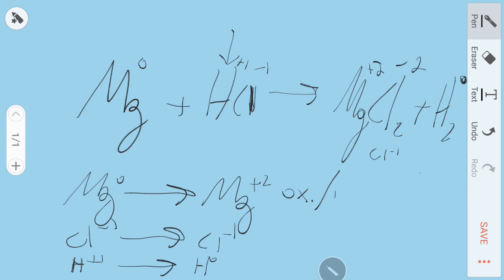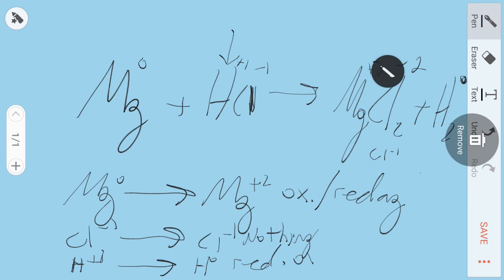Automatically, I can tell you that it's the reducing agent. Chlorine, nothing happened to it. And finally, hydrogen. It went from +1 to 0. That means it went down. It was reduced. And therefore, it is my oxidizing agent.